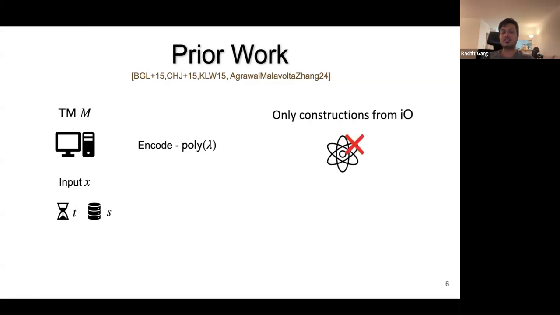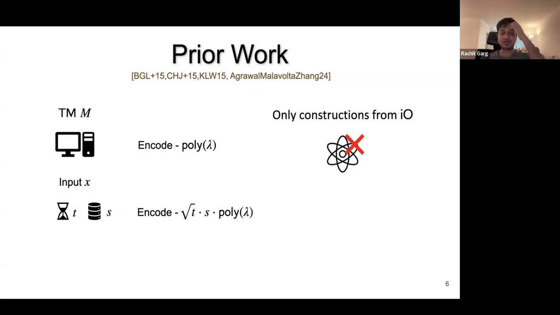From indistinguishability obfuscation, we have a construction where the encode time can be made independent of this T and S. But the only well-studied assumptions that we have to build iO involve bilinear maps, and they're not post-quantum secure. And in general, in cryptography, we want to diversify the assumptions that we can build different primitives from.